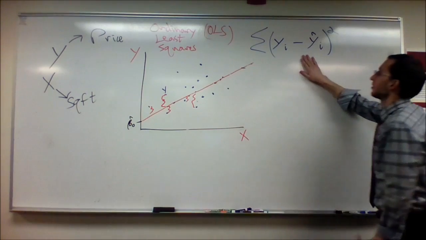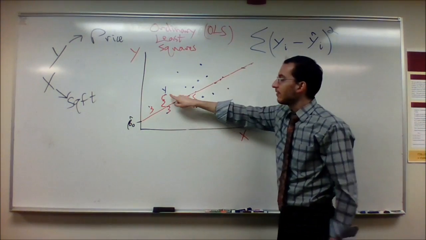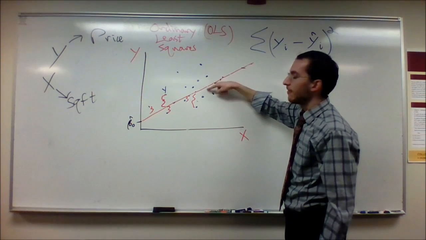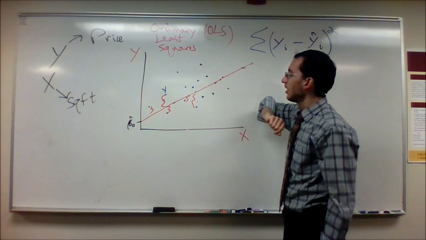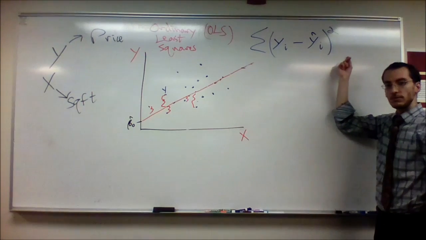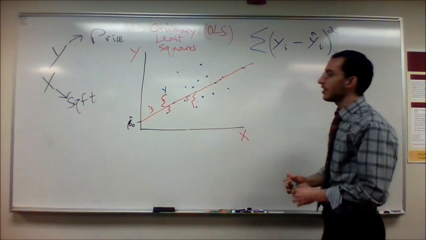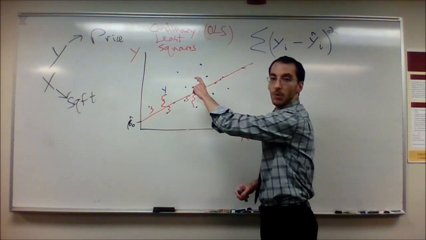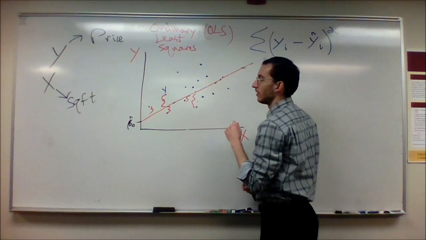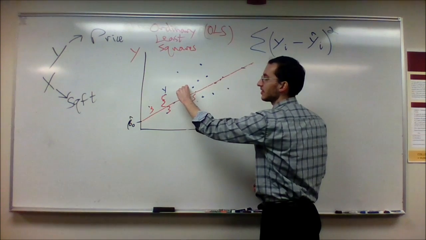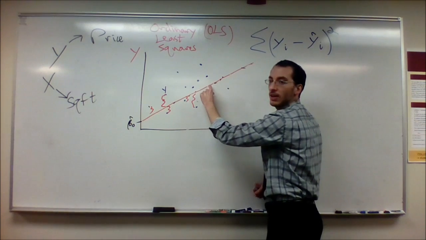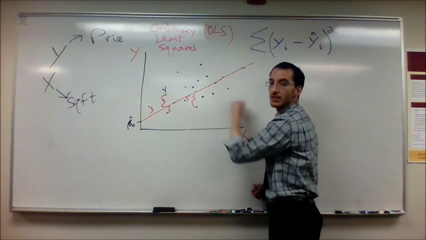And you may be asking yourself, okay, I can find a difference between a line and a data point, a vertical distance, but why are we squaring it? Well, we're squaring it because if you put a line right down the middle of these points, these distances up here will perfectly balance out these distances down here.